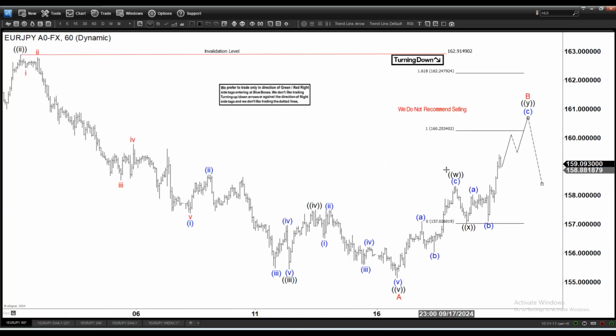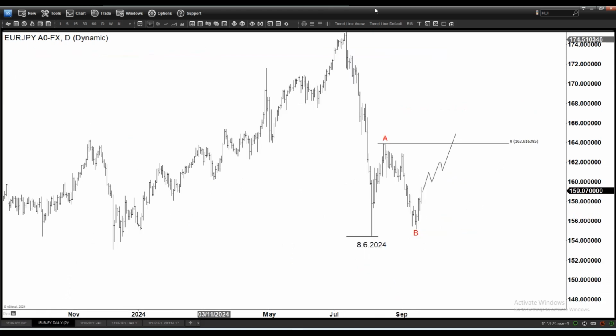Another thing you can consider is that if you look at some of the yen pairs like the Swiss Yen or USD Yen and you want to correlate, those other yen pairs already broke below the August 6th low. So if we are talking about probability, I think it is more likely than not that we continue to extend lower instead of doing a double correction like this, which is possible.